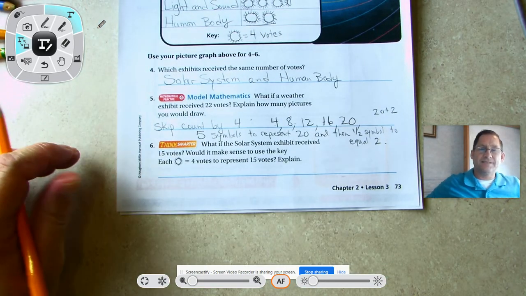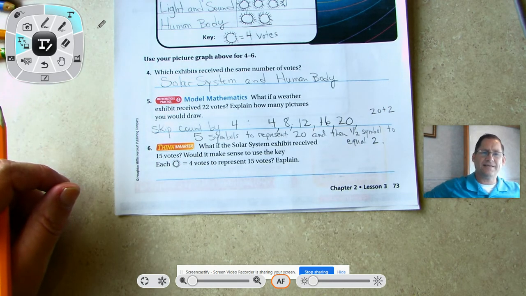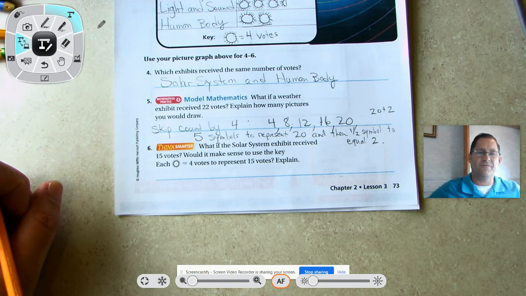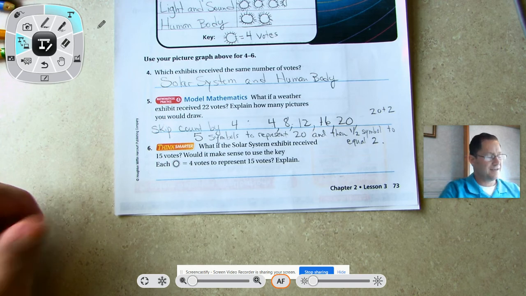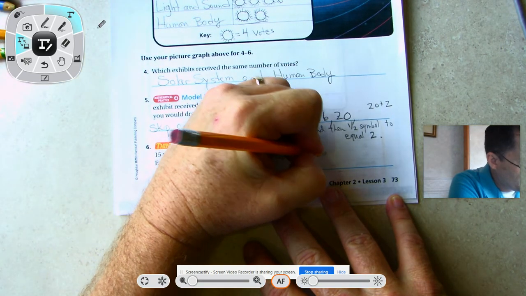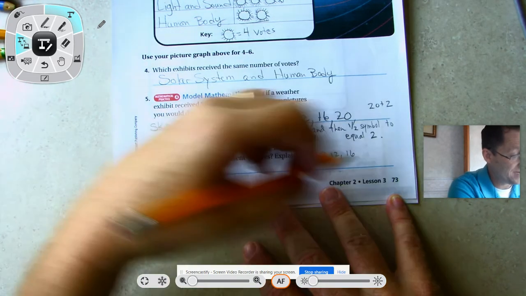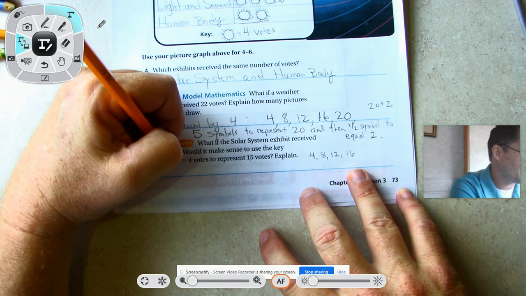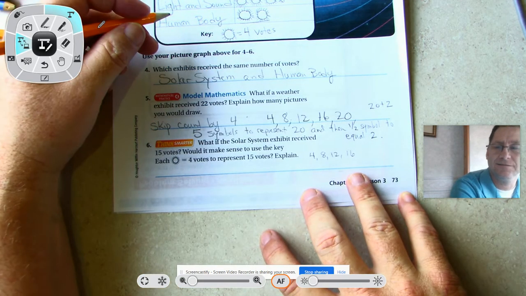What if the solar system exhibit received 15 votes? Would it make sense to use the key for each of the suns to be 4 votes to represent 15 votes? Explain. So let's see. So again, we're counting by 4s, right? 4, 8, 12, 16. Okay, so that's too many, but half of the sun would be 2, so that would be only 14.